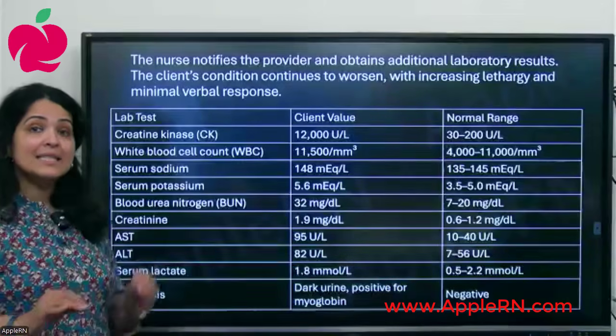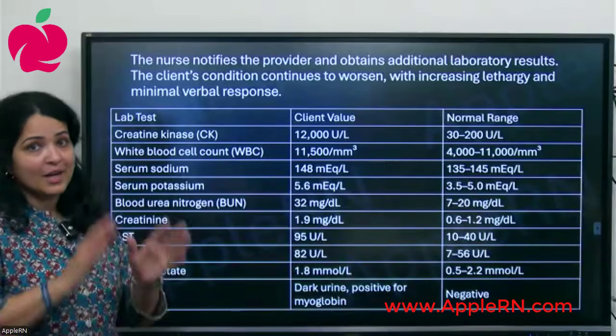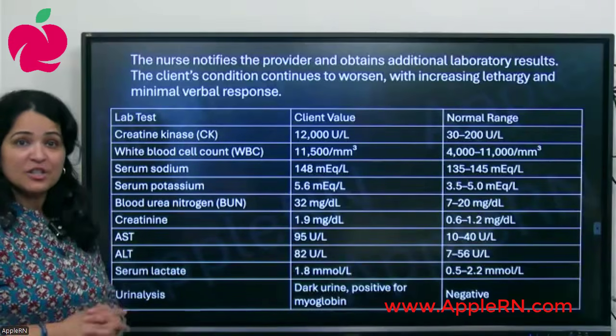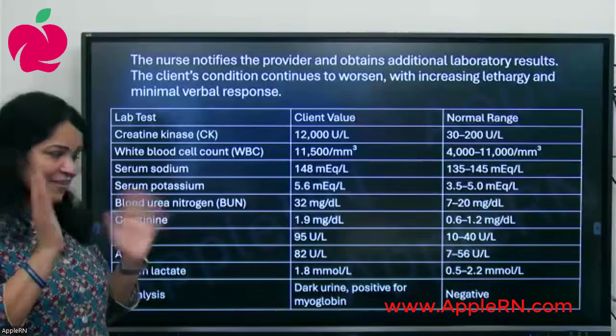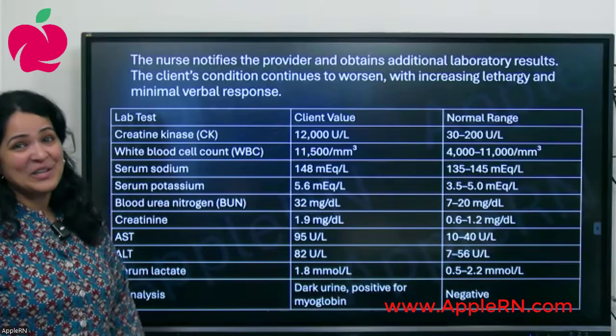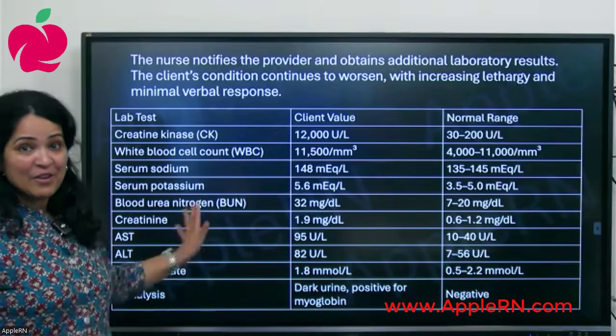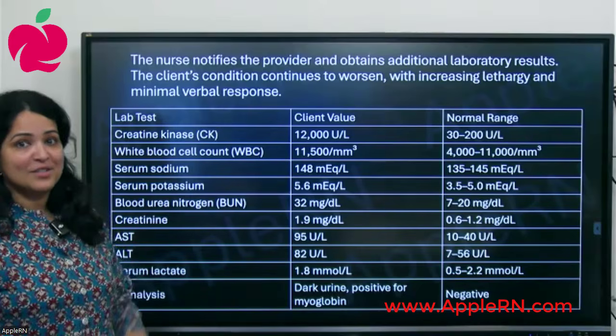Remember, in NGN you will be getting the normal values too, so we will have all that information available. So I want you to look through this and just have an idea, because the question is coming on analyzing cues. I know there's a lot of information. You can even take a little note somewhere so that you know what's going on.